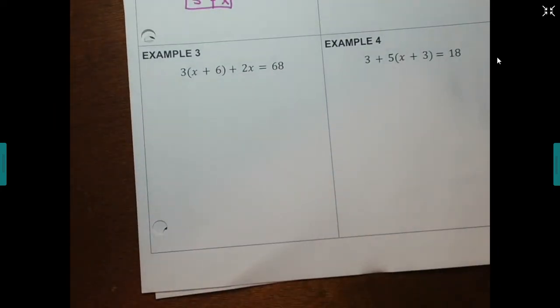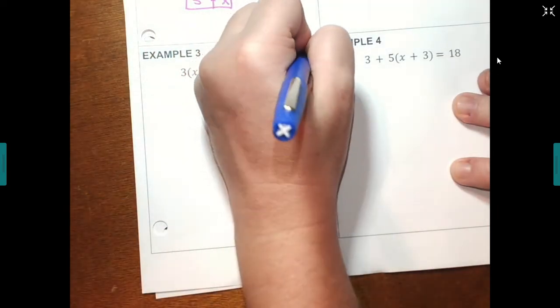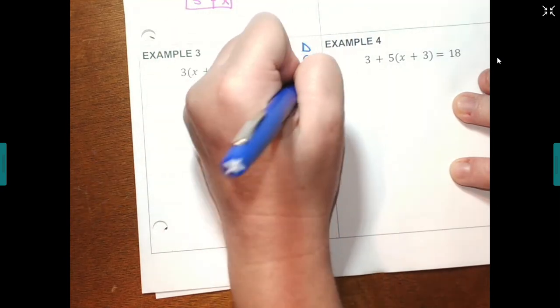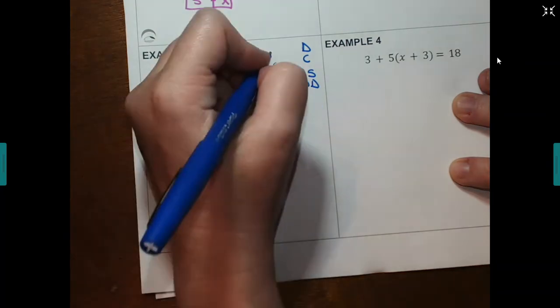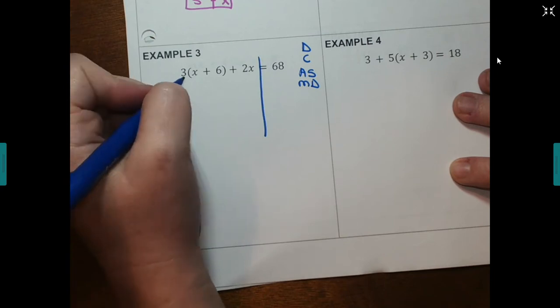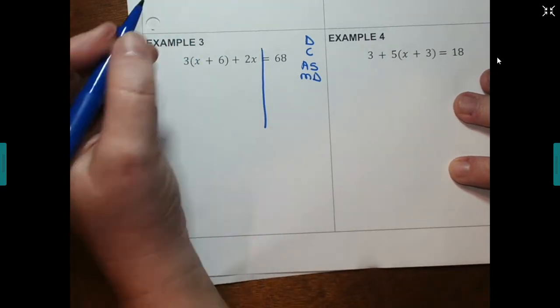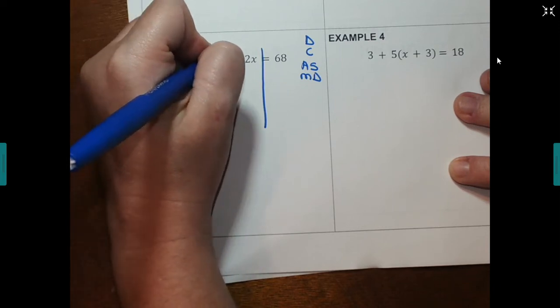Okay. Example 3. Let's write my steps in order. D, C, A, S, M, D. Draw my gate. Let's go. So I can do some distribution because I have a number outside of some parentheses. So I can distribute my 3 to my x and to my 6.